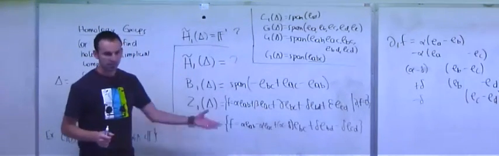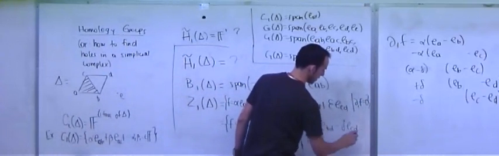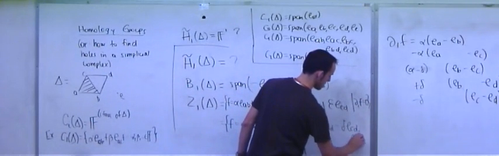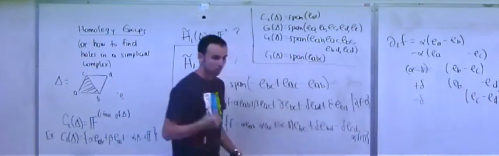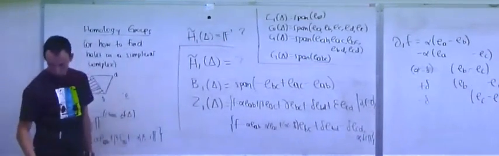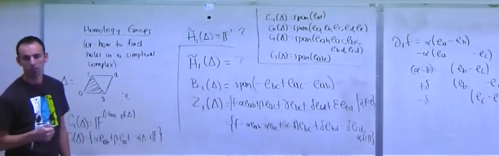I can choose alpha and delta to be anything, and this is going to be mapped to 0. So alpha and delta are in my field. Okay? So these are the things that map to 0.